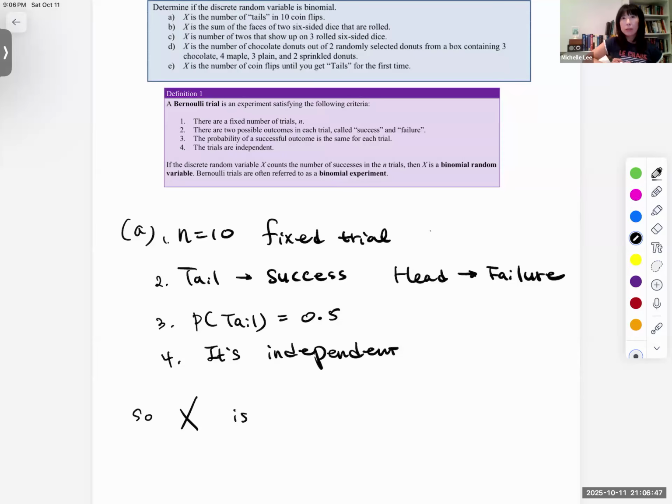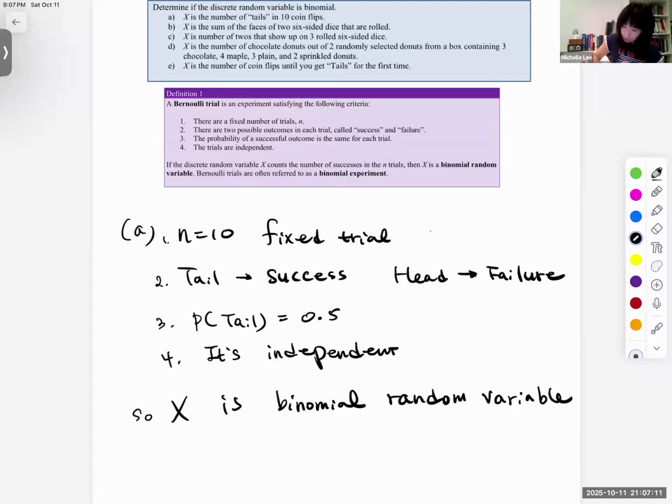It is satisfied, and X is a binomial random variable, right?